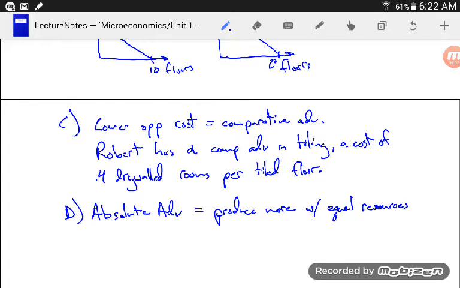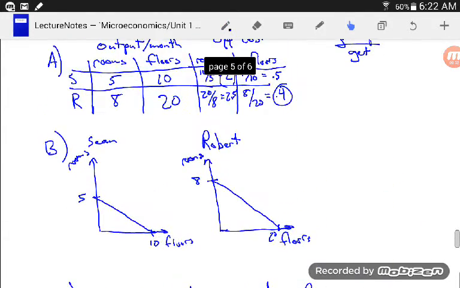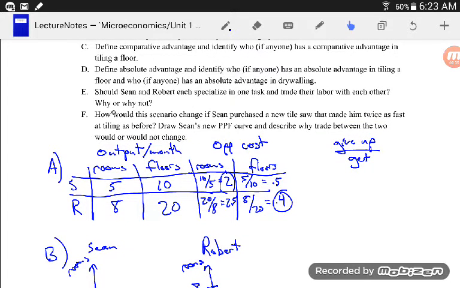In this case, again, time is our resource, and Robert can do more of both. Robert has absolute advantage in both. Again, use full words on an AP test just to be safe.